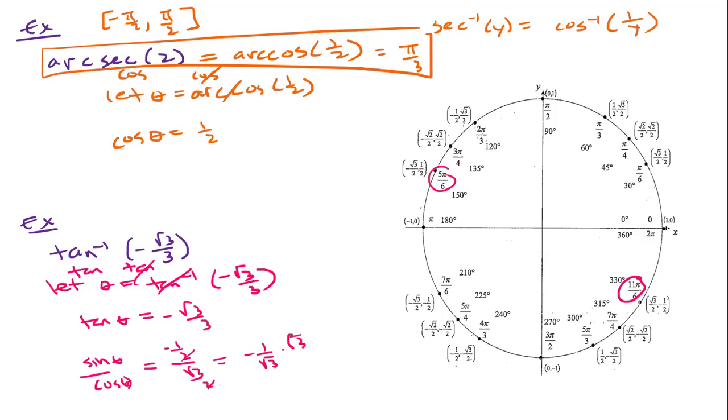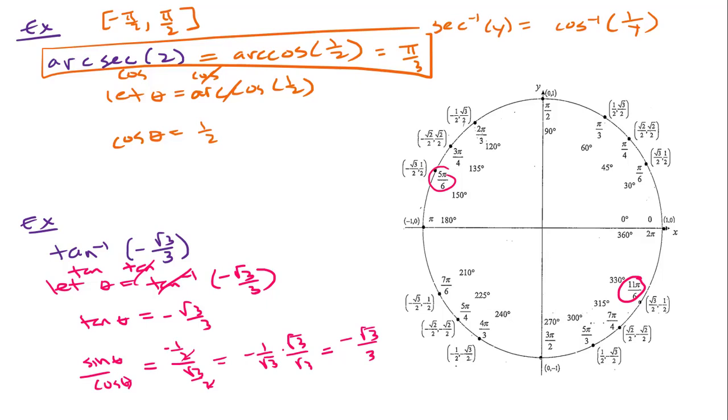That means we multiply the top and the bottom by radical 3. So that gives us a negative radical 3 over 3. Okay. And if we do exactly the same thing for 5 pi over 6, we're going to get the exact same answer. But in this case, the negative is on the cosine instead of on the sine. But again, the output will be the same, negative radical 3 over 3.